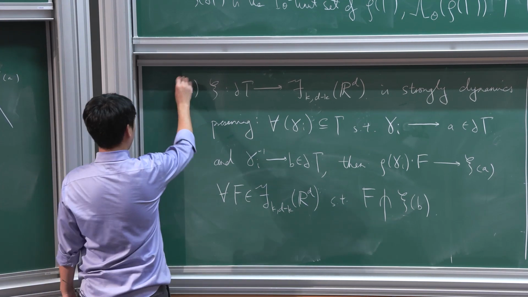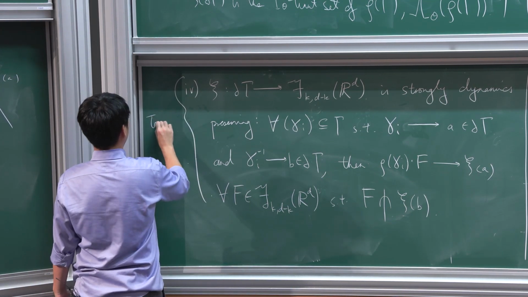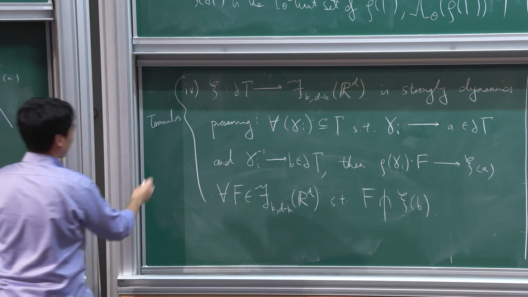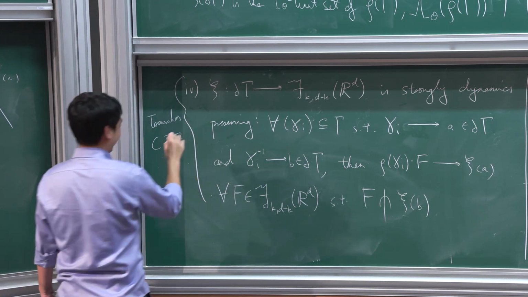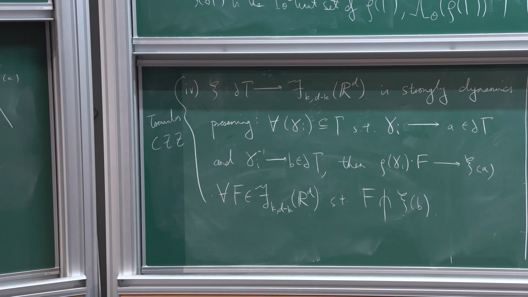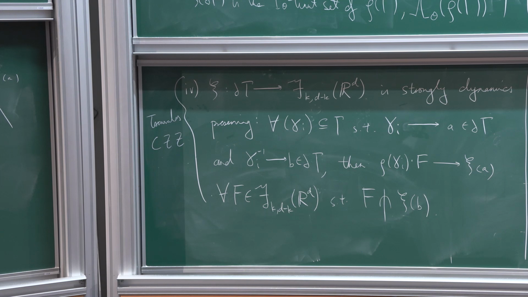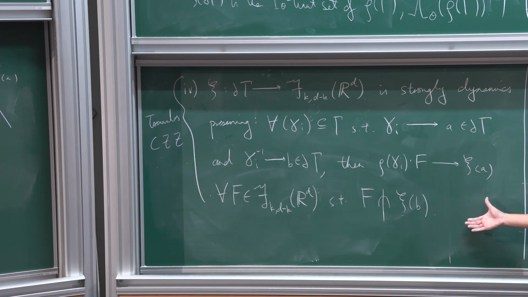So maybe I'll attribute this to Kostas, and maybe I'll write our names here as well. This is how I like to think about this property.